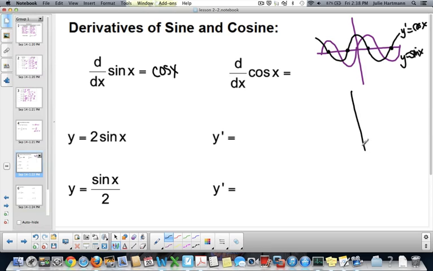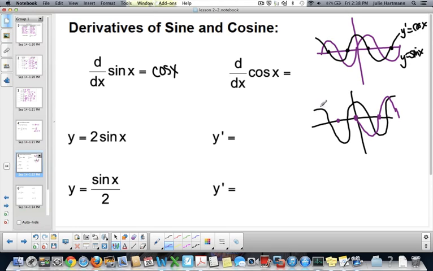Now let's look at the cosine of x curve. Here's cosine of x. Now the derivative, you start 0 there, 0 there. This is negative to there, and then positive to there, but then back down to 0. And then here, that's 0.